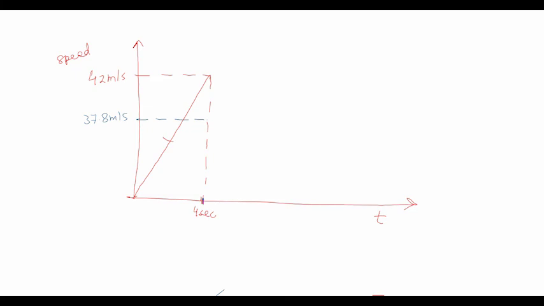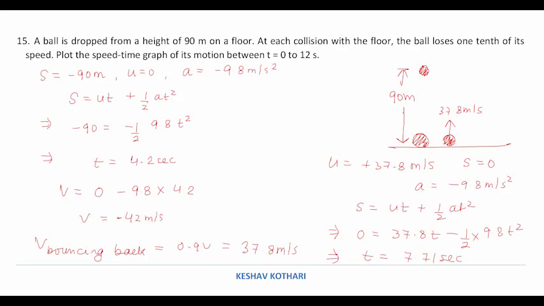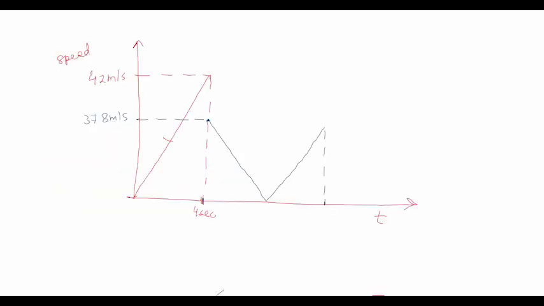And after this point it is going to rebound back to a certain height where its speed will become 0, and after reaching that height it will again come down to hit the ground again with the same speed. And this complete duration took place in a time duration of 7.71 second. So we can add 7.71 plus 4, that is 11.71 second.